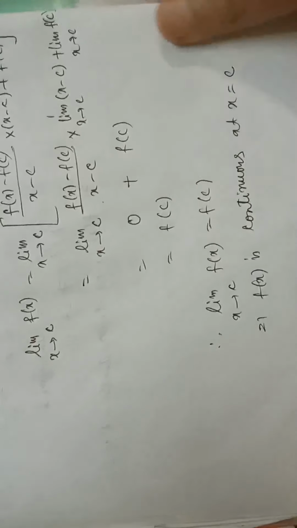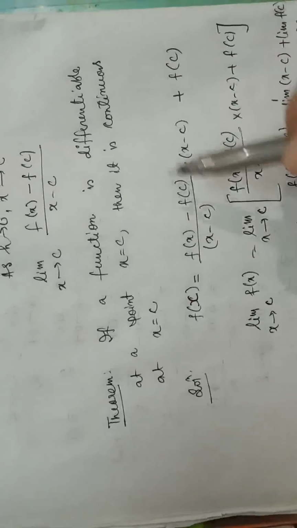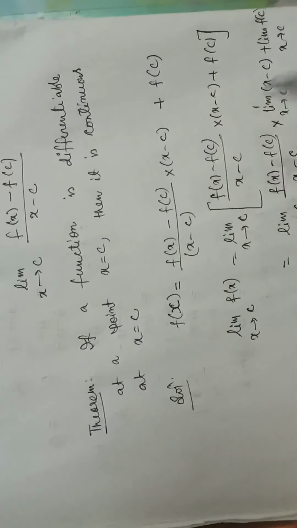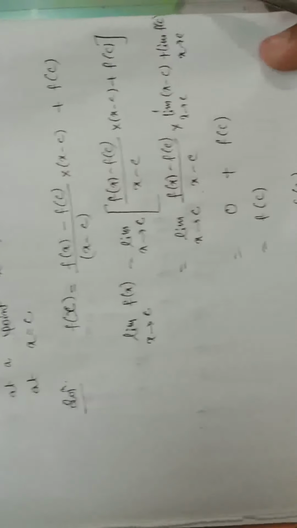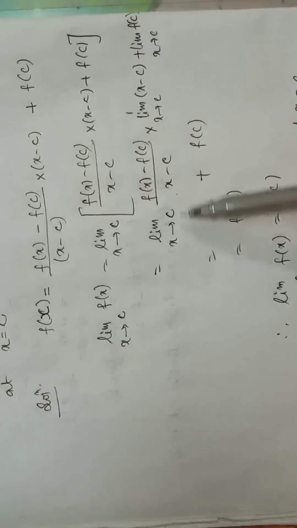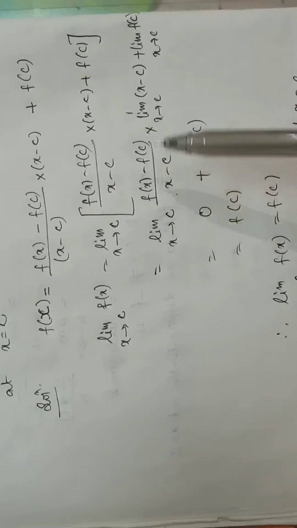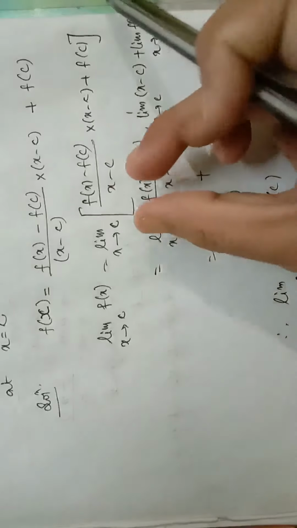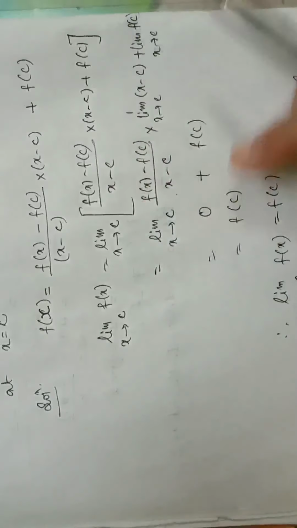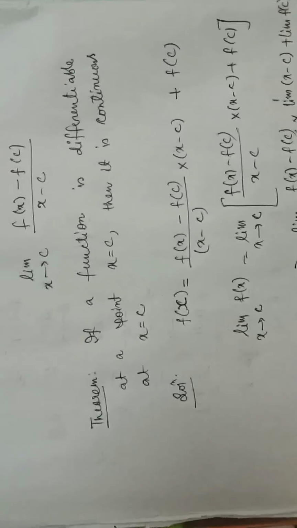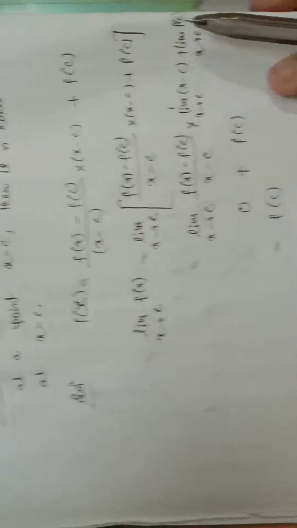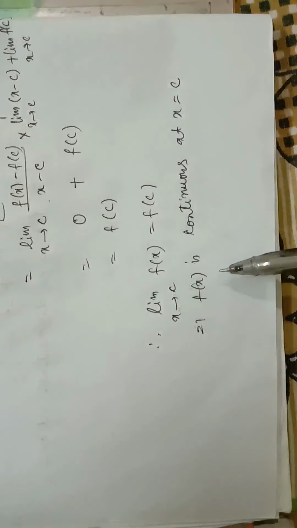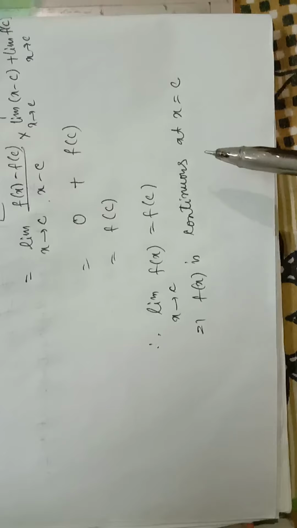So what we have proved: assuming that the function is differentiable, that means this value exists and is equal to f dash c, and a fixed number into 0 becomes 0. So if a function is differentiable at a point, then limiting value equals functional value, that means the function is continuous. Differentiability implies continuity.